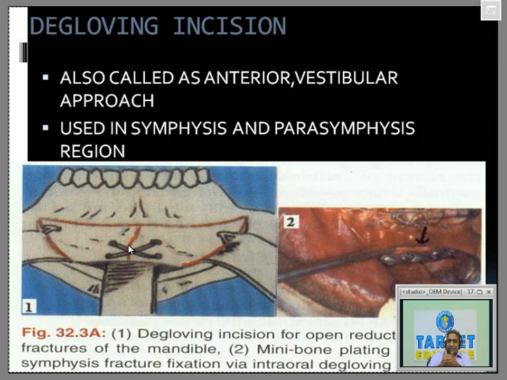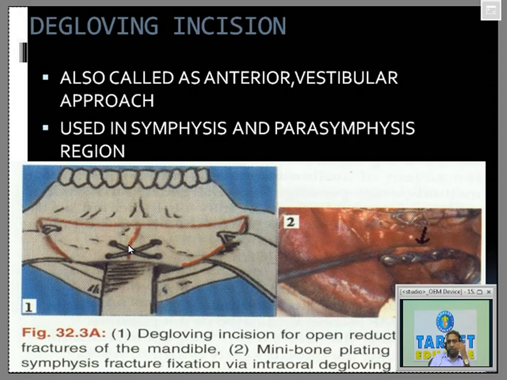So there are various lengths of screws which are available, starting from 6 millimeter, then 8 millimeter, then 10 millimeter length of screws. Now whenever you are putting a plate in the inferior border of the mandible, you can use 10 millimeter or 8 millimeter length screws. But if you are putting the plate just near the root of the tooth, in such cases you need to put 6 millimeter length of screw, because if you use more length of screw, you may damage the root of the teeth.